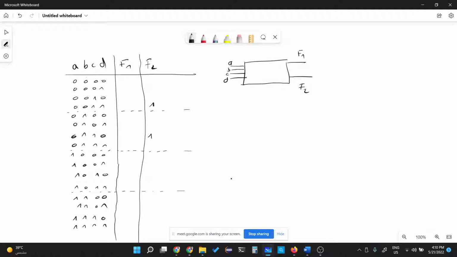Or 9, so this is 1. Or 12, this is 1. Or 15, this is 1. All the others will be zeros. That's it. You just need to transform the specification into something like this.